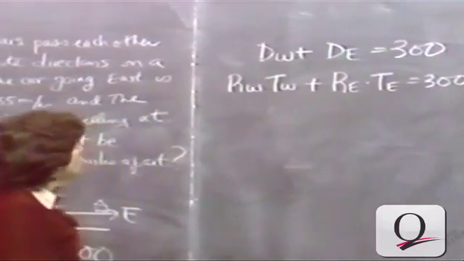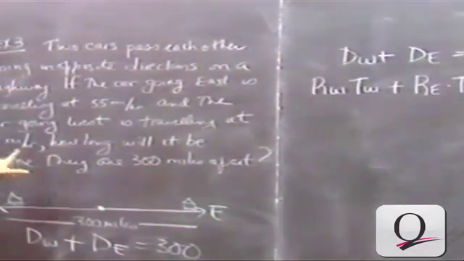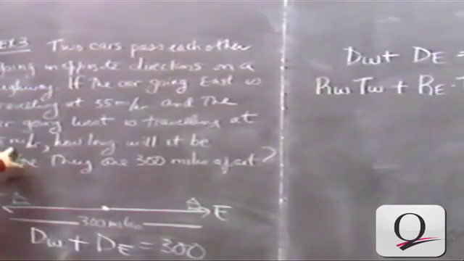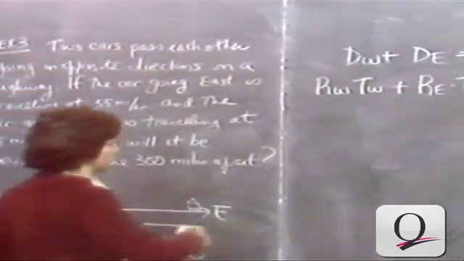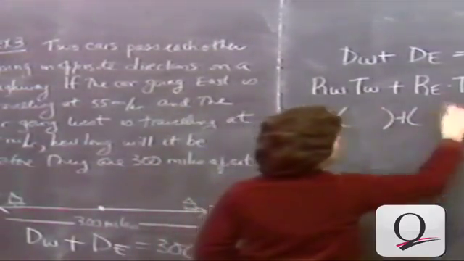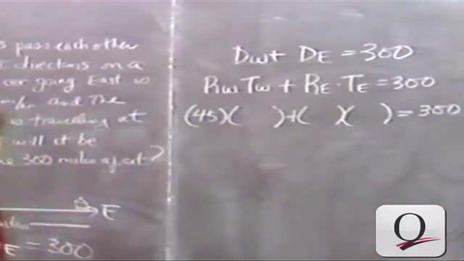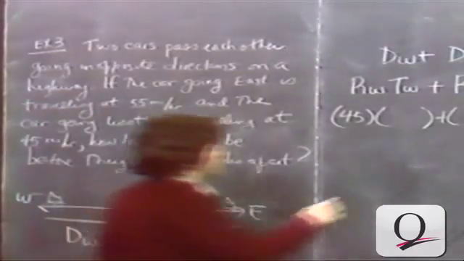Now, we are told that the car going west is going west at 45 miles per hour. And we are told that the car going east is going east at 55 miles per hour.